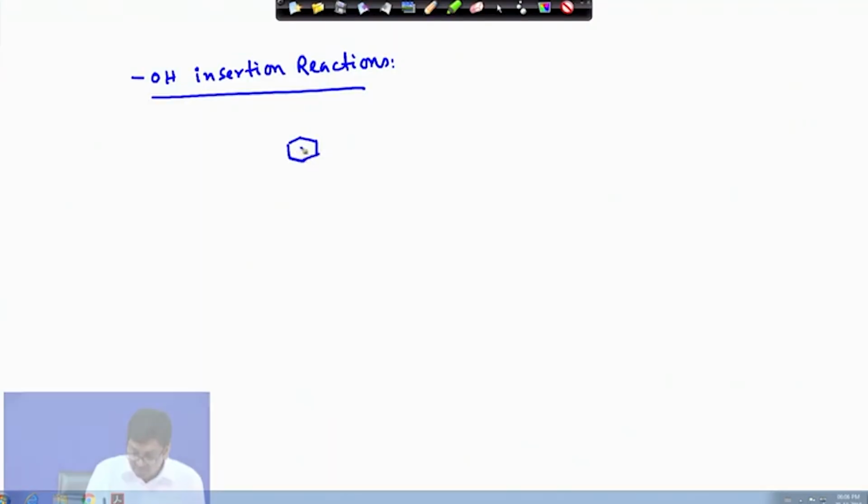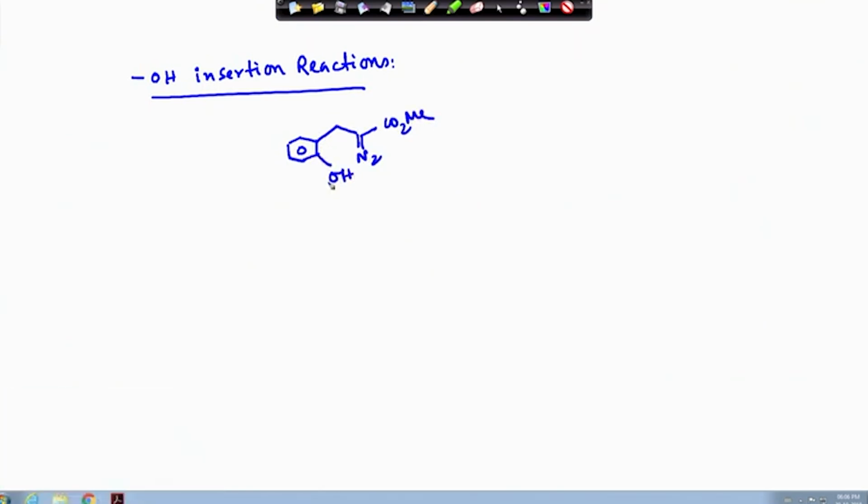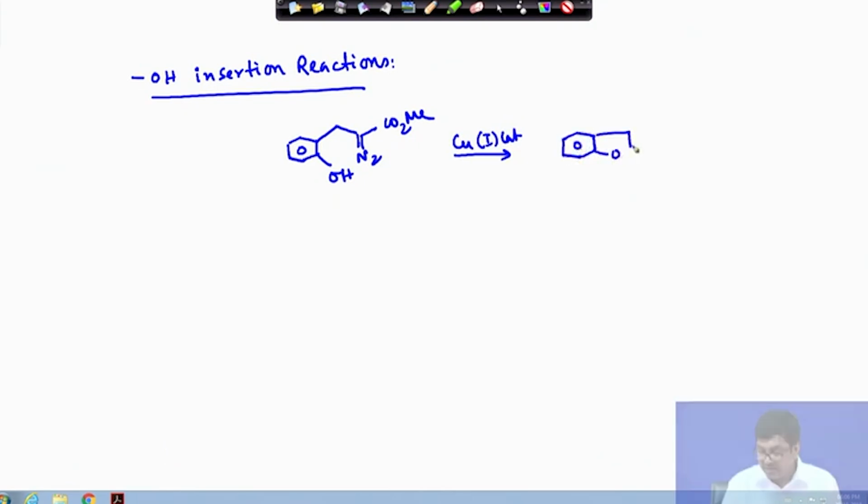As an example, if we take this particular substrate in presence of a copper 1 catalyst, that can be inserted to give this cyclic product. Here this alcohol OH is getting inserted into the corresponding carbenoid species.